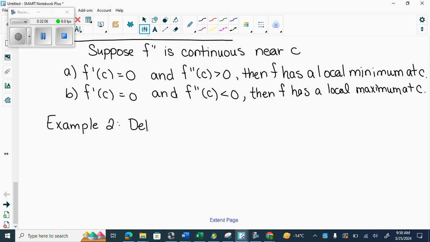Determine A, increasing, decreasing. B, max, min.